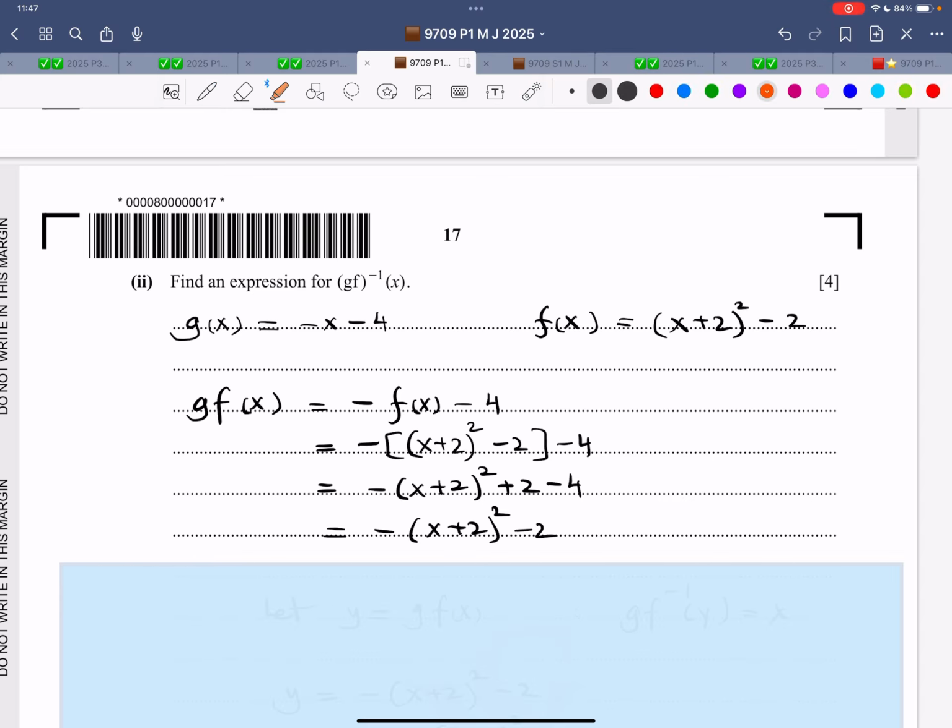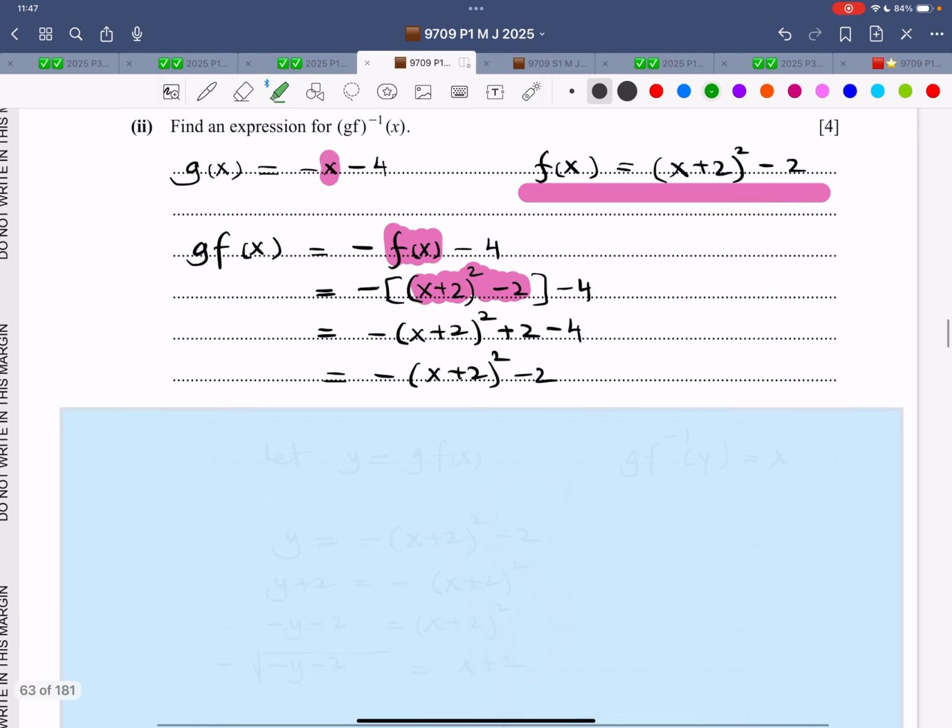So this x over here is replaced with this f(x). This whole thing is f(x). Got the idea? And then you simplify, so you find gf(x), that is up till here.